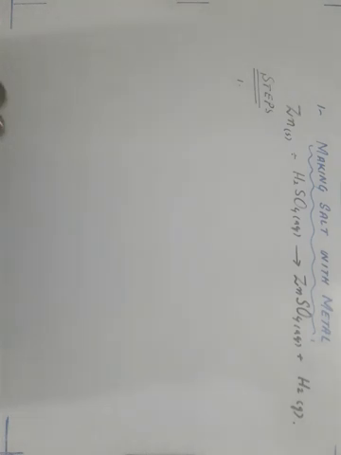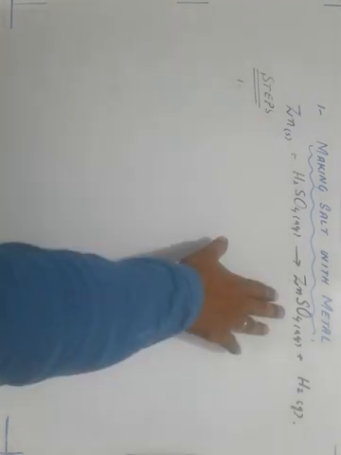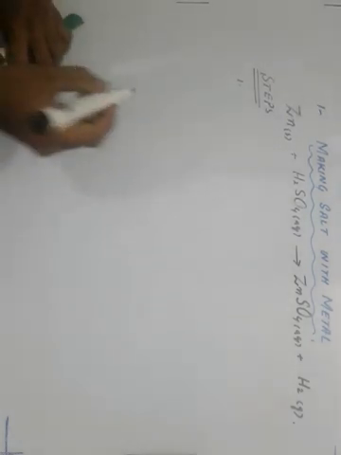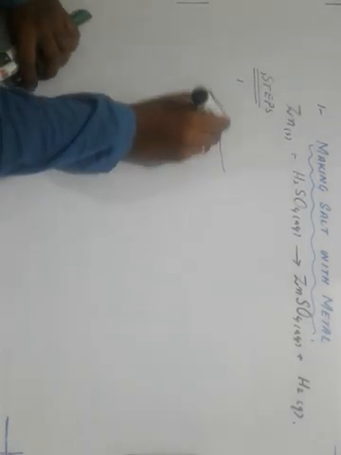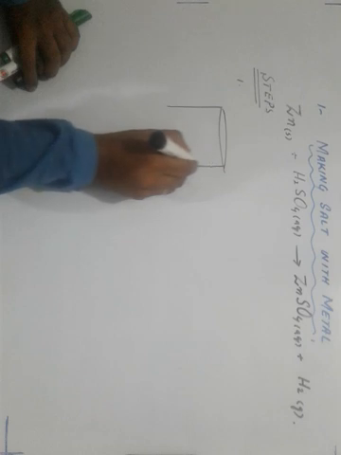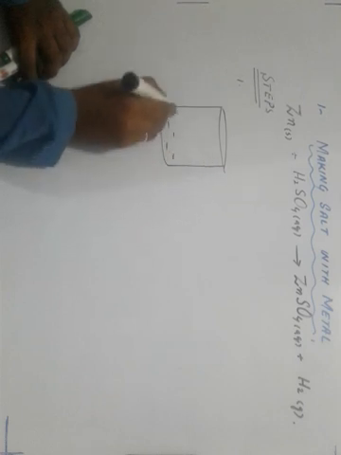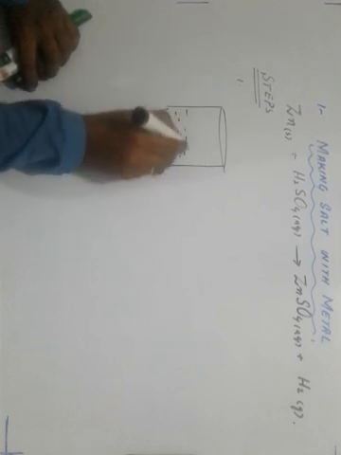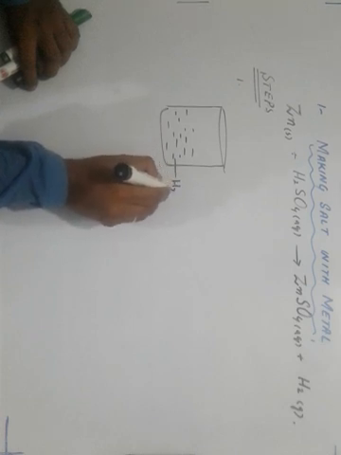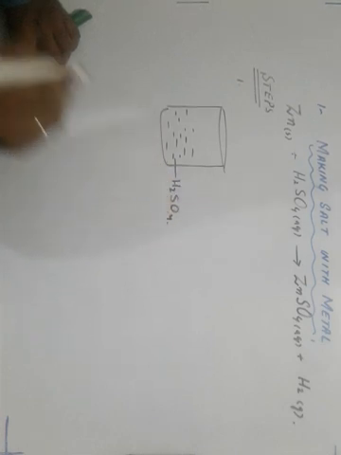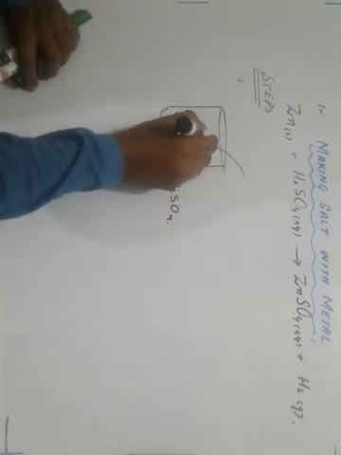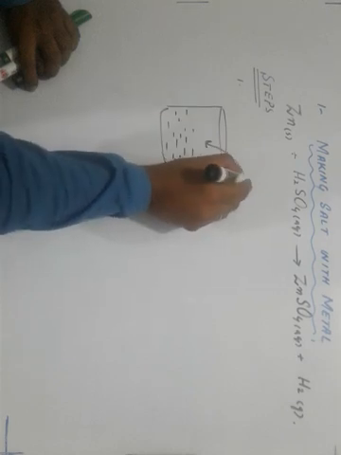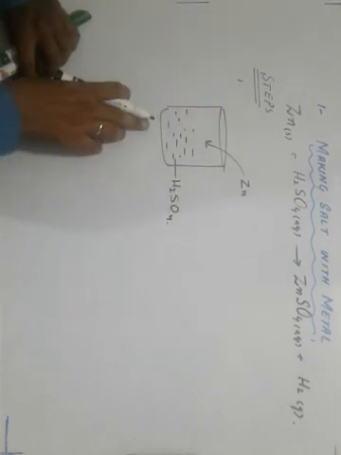Okay students, first we are going to discuss the steps of the formation of zinc sulfate. This is the equation of the formation of zinc sulfate. So what are the steps? First you need to take a beaker. Place dilute sulfuric acid in it. Okay, add zinc, Zn, into the acid in the beaker.